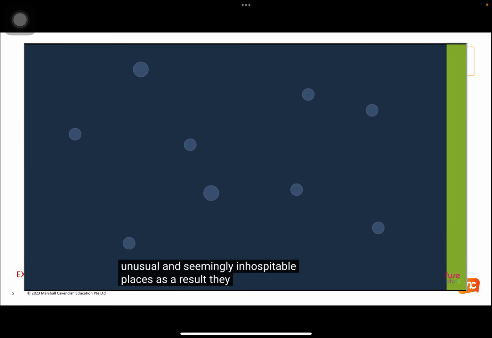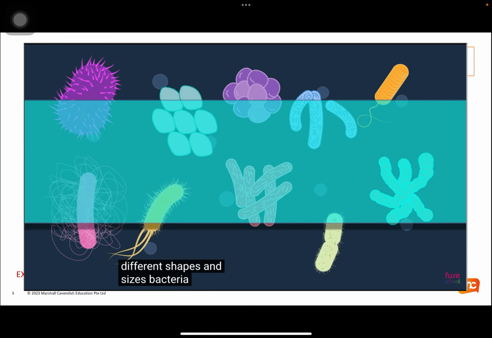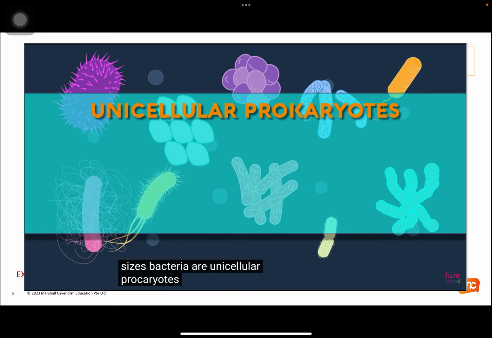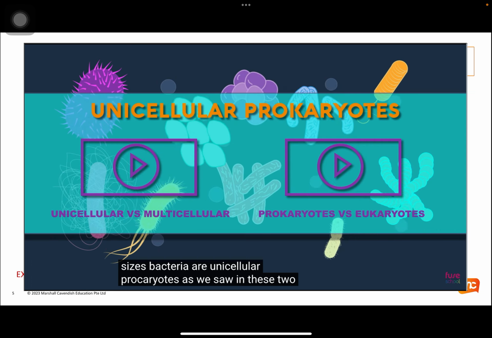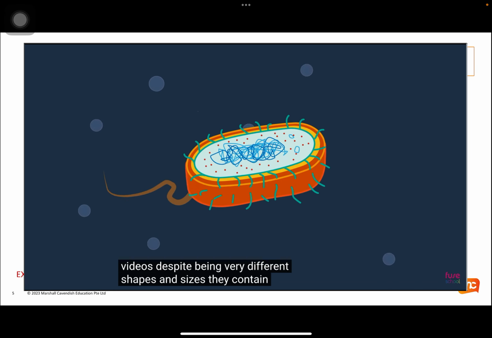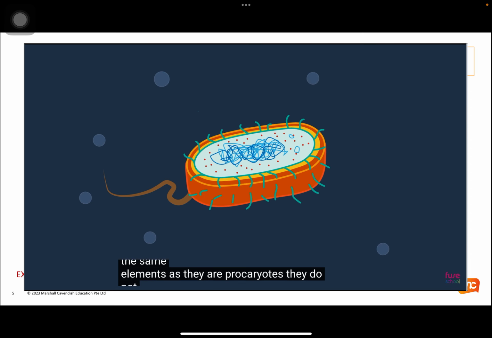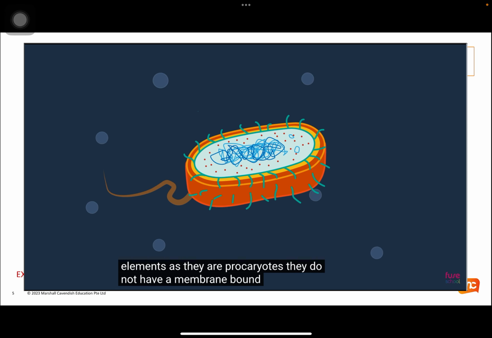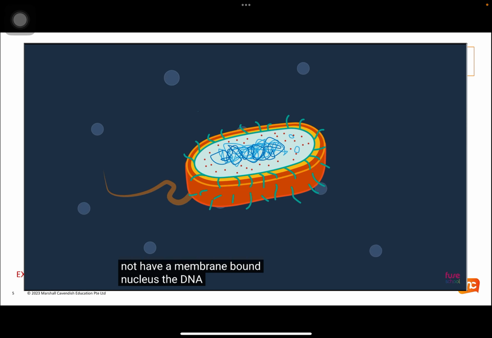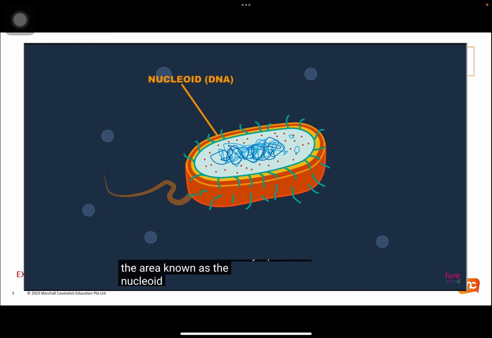As a result, they come in lots of different shapes and sizes. Bacteria are unicellular prokaryotes, as we saw in these two videos. Despite being very different shapes and sizes, they contain the same elements. As they are prokaryotes, they do not have a membrane-bound nucleus. The DNA is in the cytoplasm, in the area known as the nucleoid.